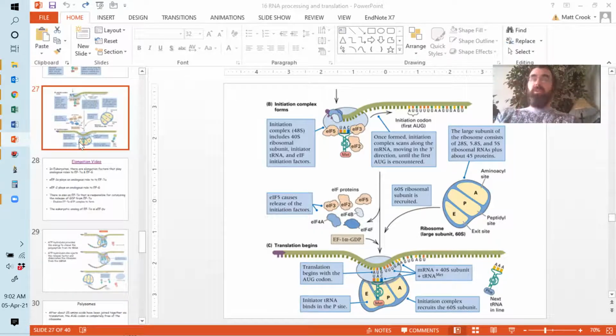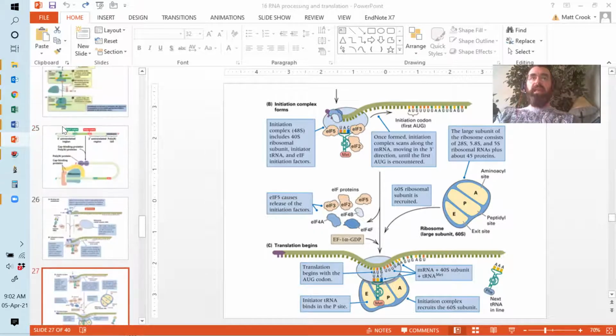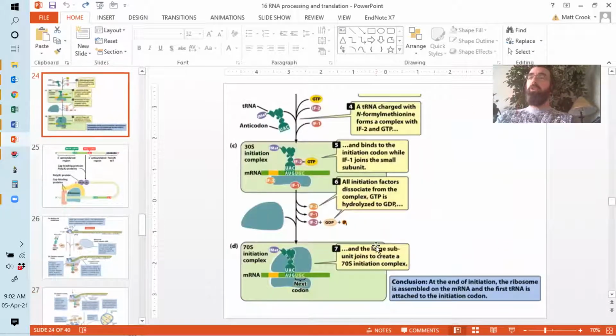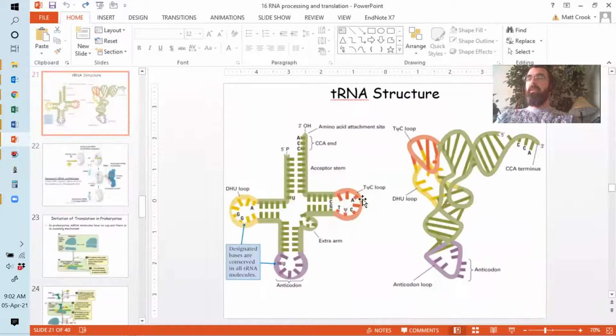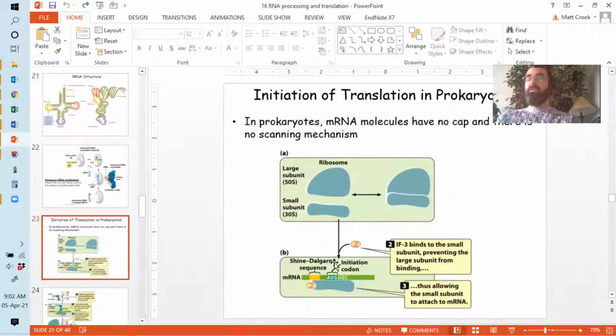And one thing that I want to reiterate is the key differences between prokaryotes and eukaryotes. In prokaryotes, it all assembles on the start codon using the small ribosome, right?